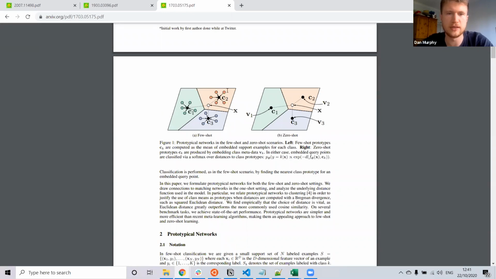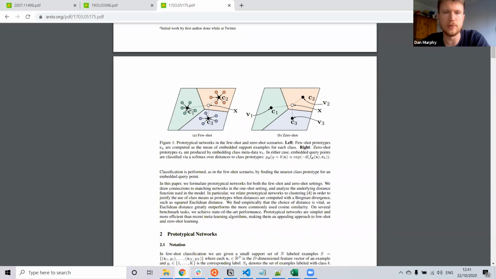This example on the left is interesting to look at: the colored circles are the images from the support set, and in the embedding made by this network, all of the images in the support set for a class are close together.